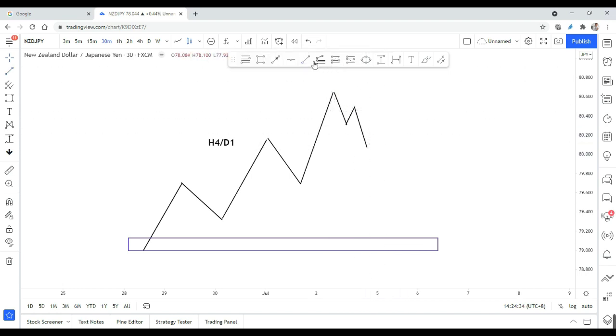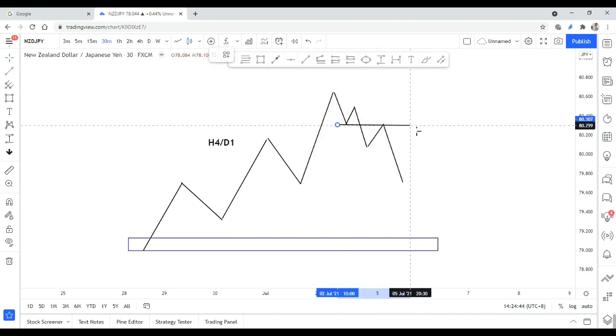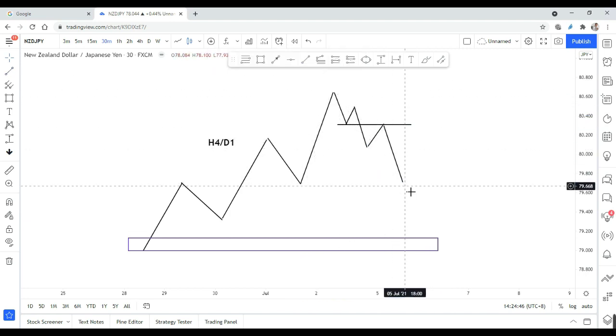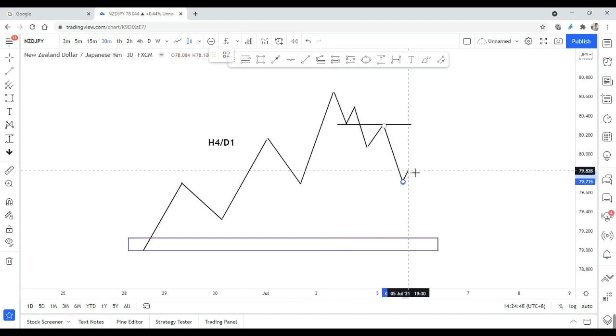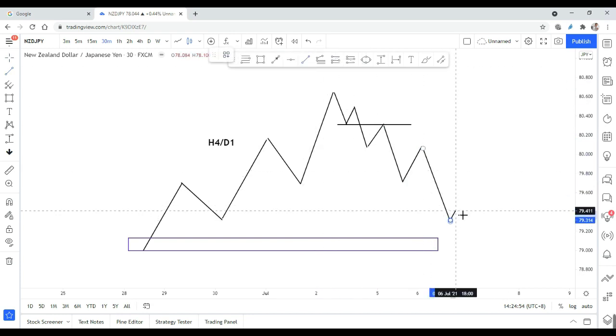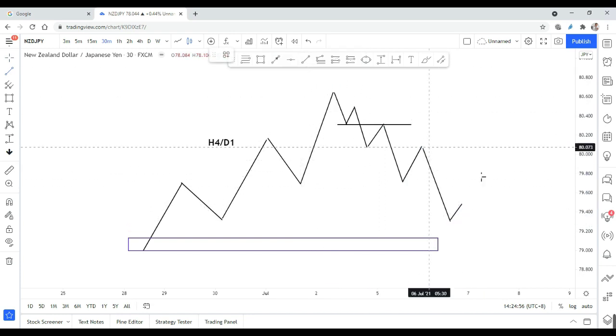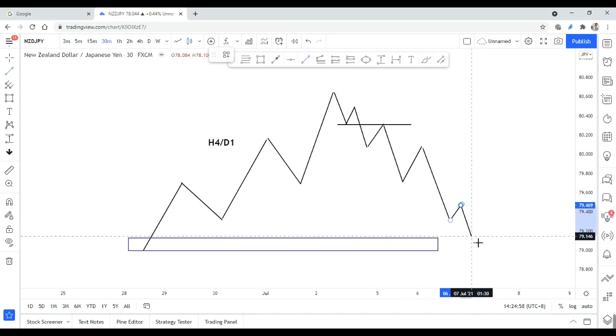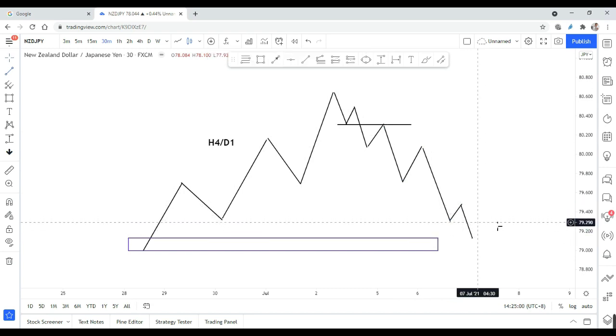This is where support becomes resistance. Support becomes resistance, keep coming down. Support becomes resistance, and then it happens again. So at this point, this is the one that I mentioned.